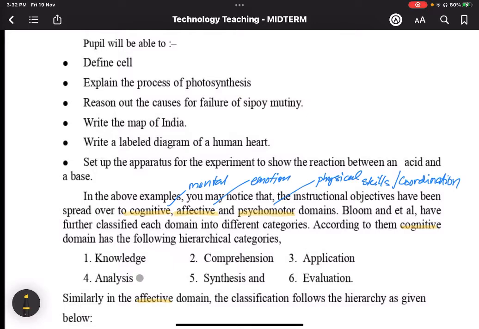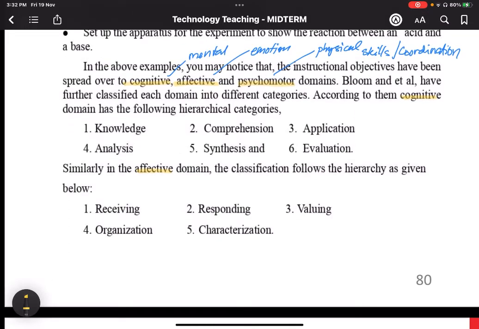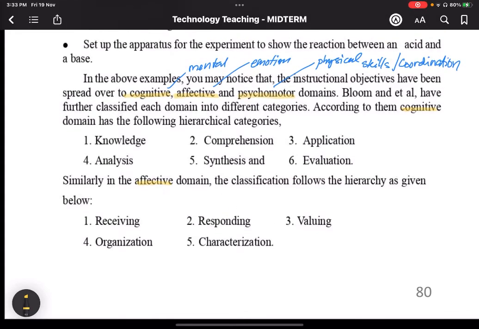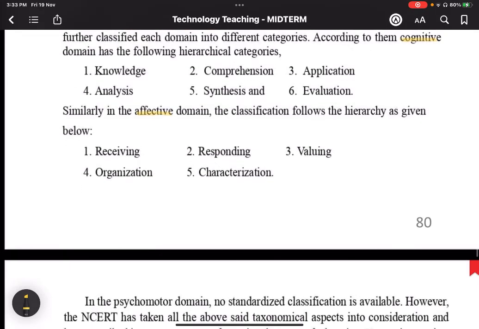So, kung may makita kang analysis, no, to be able to analyze, to be able to comprehend, to be able to synthesize, and to be able to apply and evaluate. Yan, cognitive lahat yan. Kung sa emotion naman, sa affective domain, to be able to receive, organize, to be able to respond, to be able to characterize and value, no? Then you can be sure na it is for the development of the emotion or the affective domain.